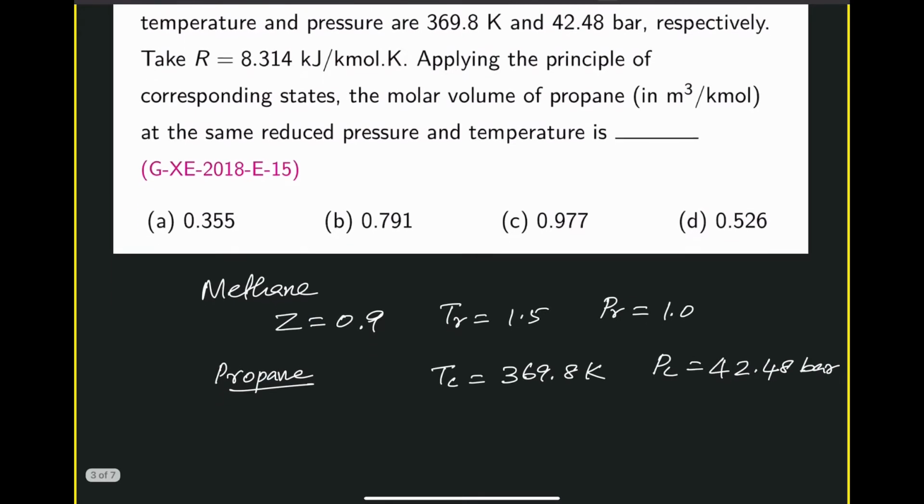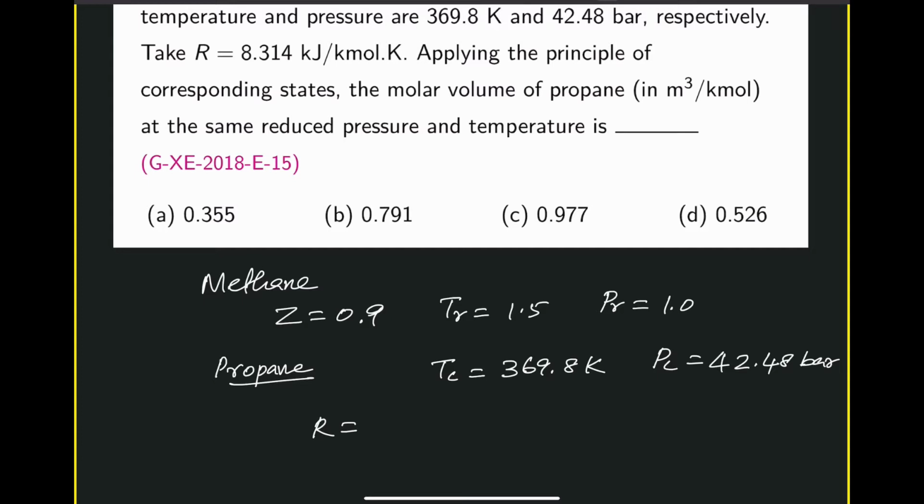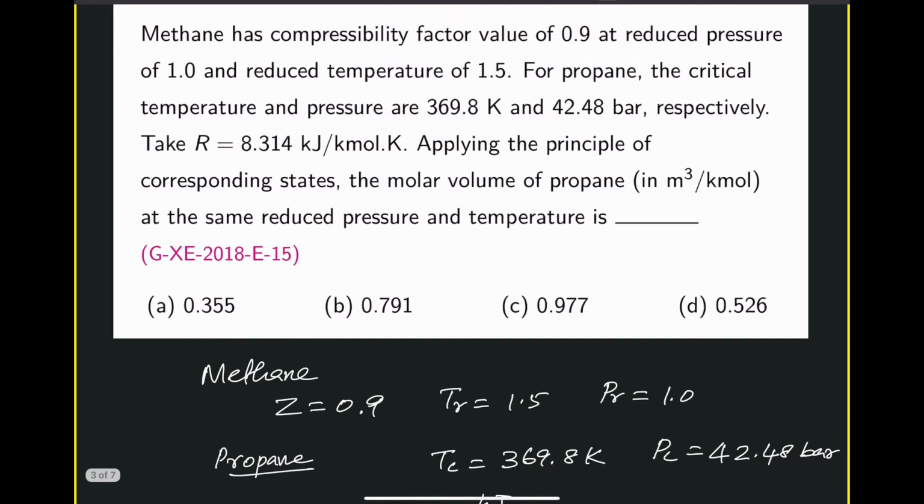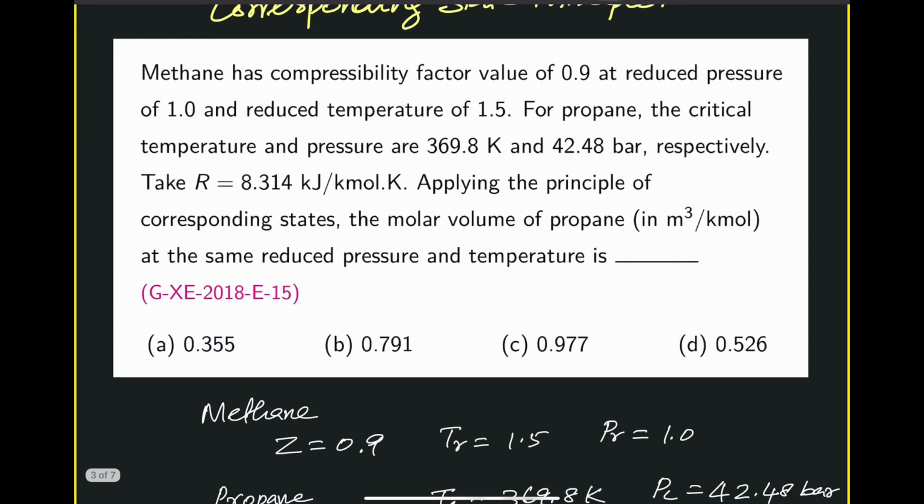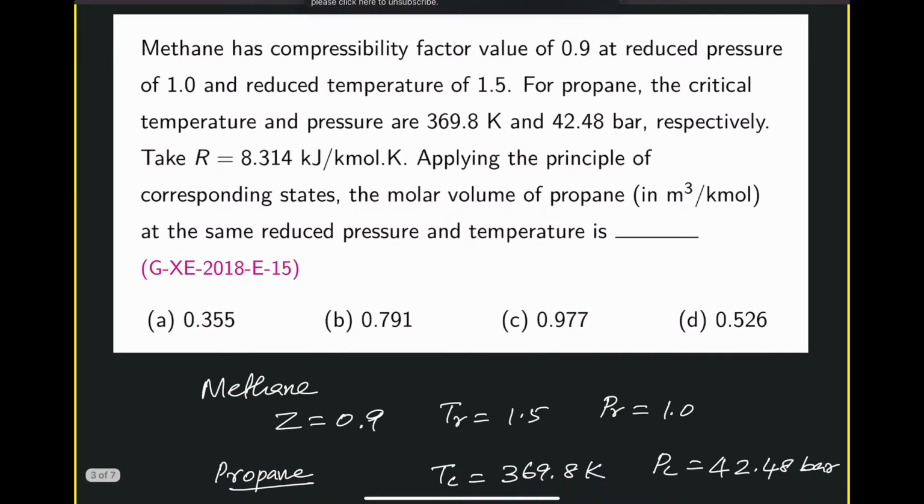And also we are given R equal to 8.314 kilojoule per kmol Kelvin. These are all the available data. So what is asked? We are asked to find the molar volume of propane at the same reduced pressure and temperature as that of methane.